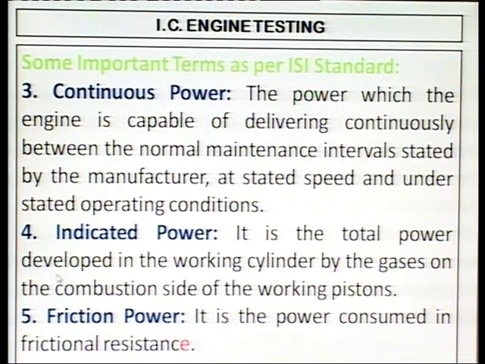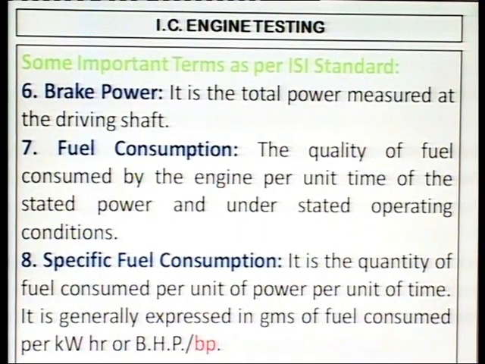It is the total power developed in the working cylinder by the gases on the combustion side of the working piston. Fifth is friction power. It is the power consumed in frictional resistance. Brake power. It is the total power measured at the driving shaft.